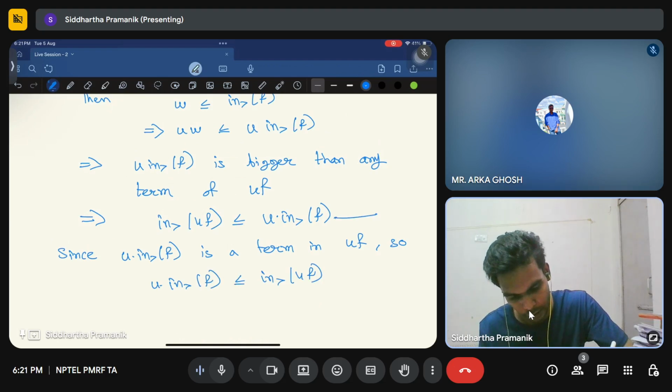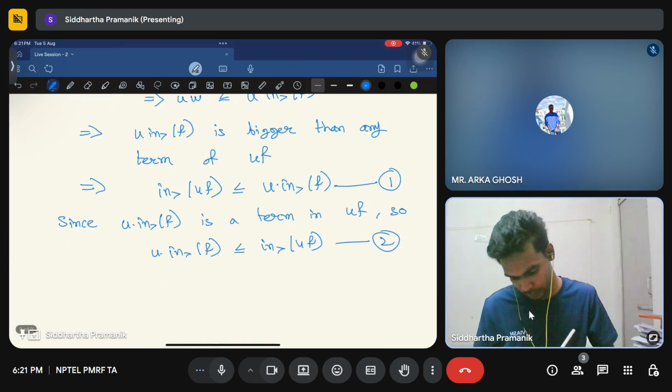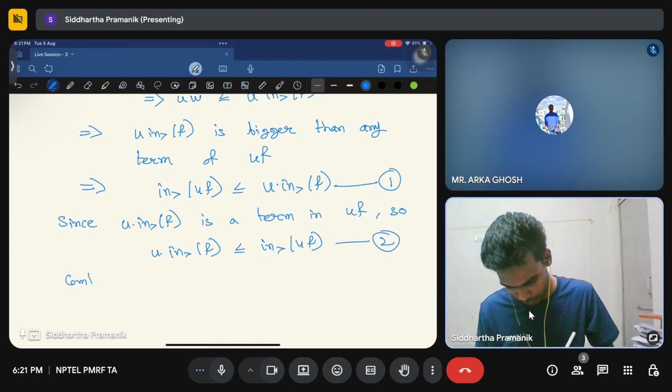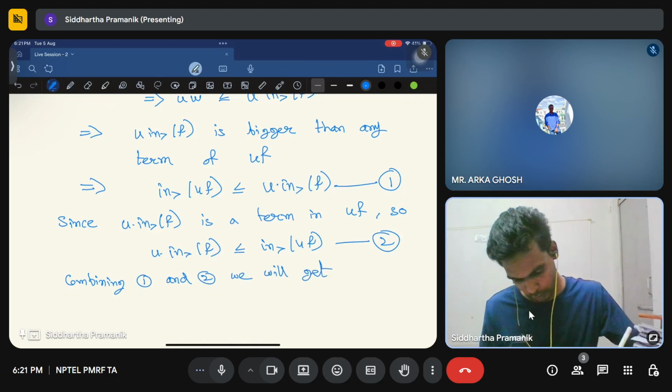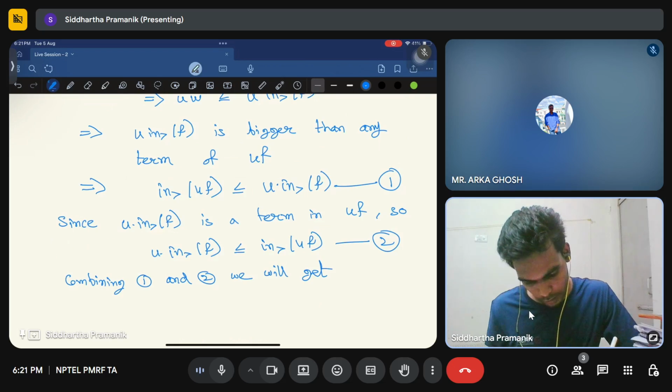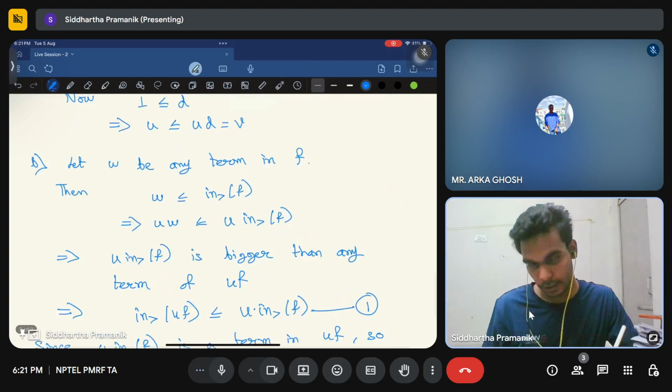So you can take it as 1 and you can take it as 2. Combining 1 and 2, we will get the equality. So this proves the second part.